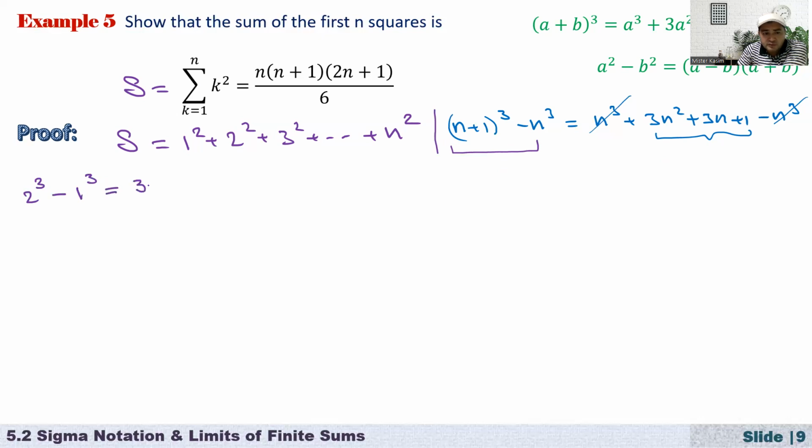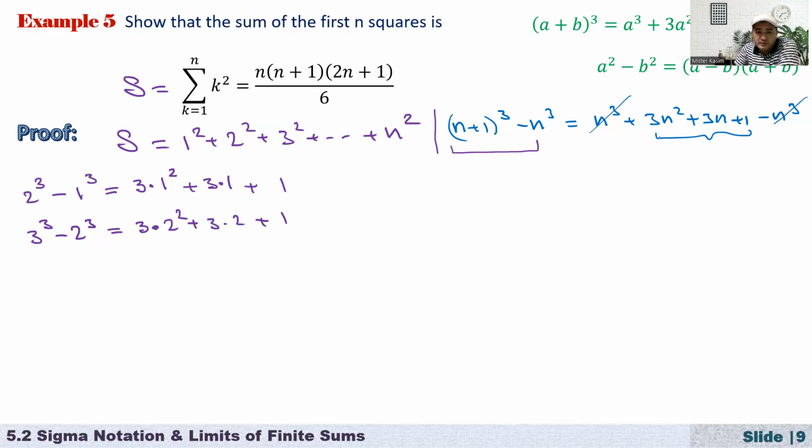On the right-hand side, 3 times 1 squared plus 3 times 1 plus 1. And how about if n is equal to 2? 2 plus 1 is 3. So here we have 3 cubed minus 2 cubed is equal to 3 times 2 squared plus 3 times 2 plus 1.